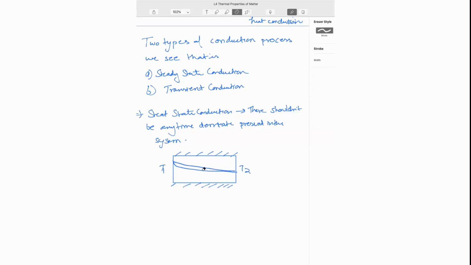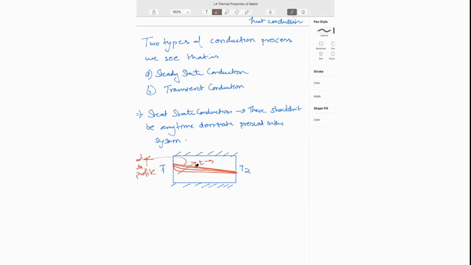The temperature profile will look like this before reaching the steady state, and that's after steady state. As time increases, we go along to the steady state profile. At steady state there shouldn't be any time derivative.